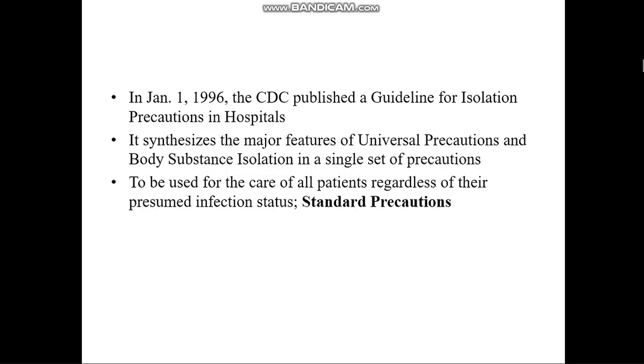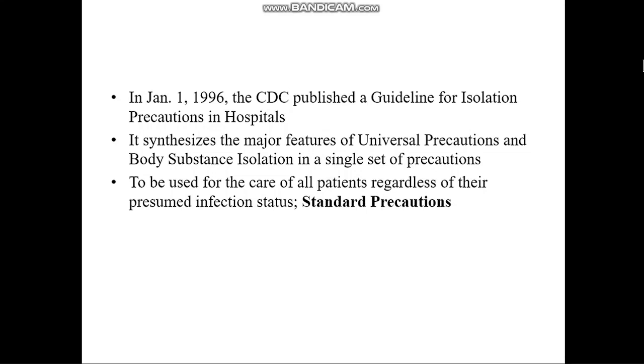So what CDC did was, on January 1, 1996, it published a guideline for isolation precautions in hospitals. This document was synthesized by merging the major features of universal precautions and body substance isolation in a single set of precautions.